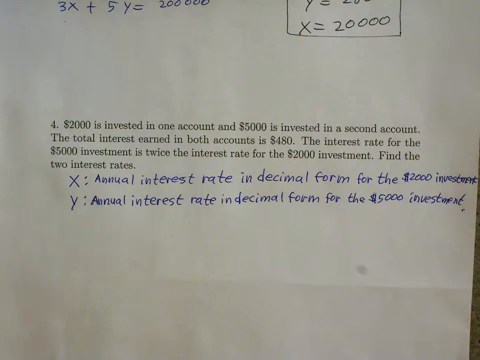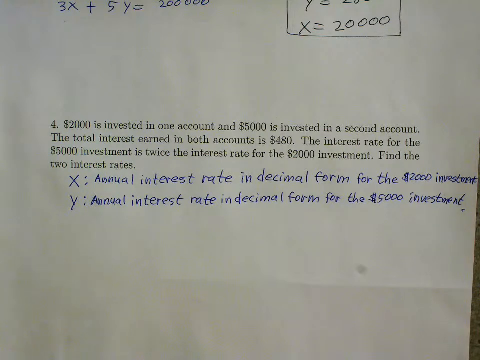So in general, how do we find the amount of interest earned? If you have a certain amount of money invested at an annual interest rate, then in 1 year, the amount of interest is the product of the amount invested and the annual interest rate.